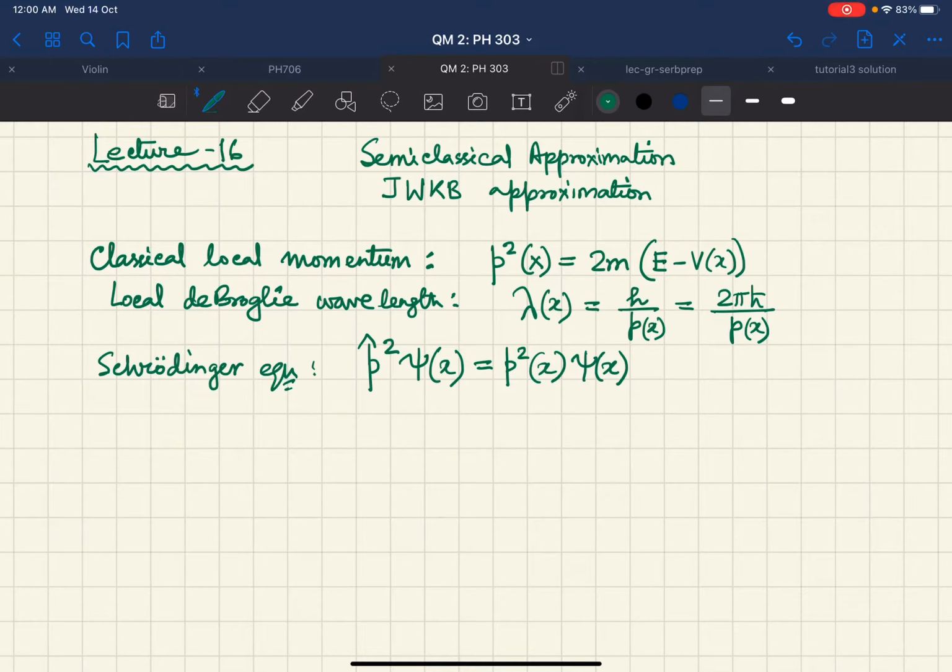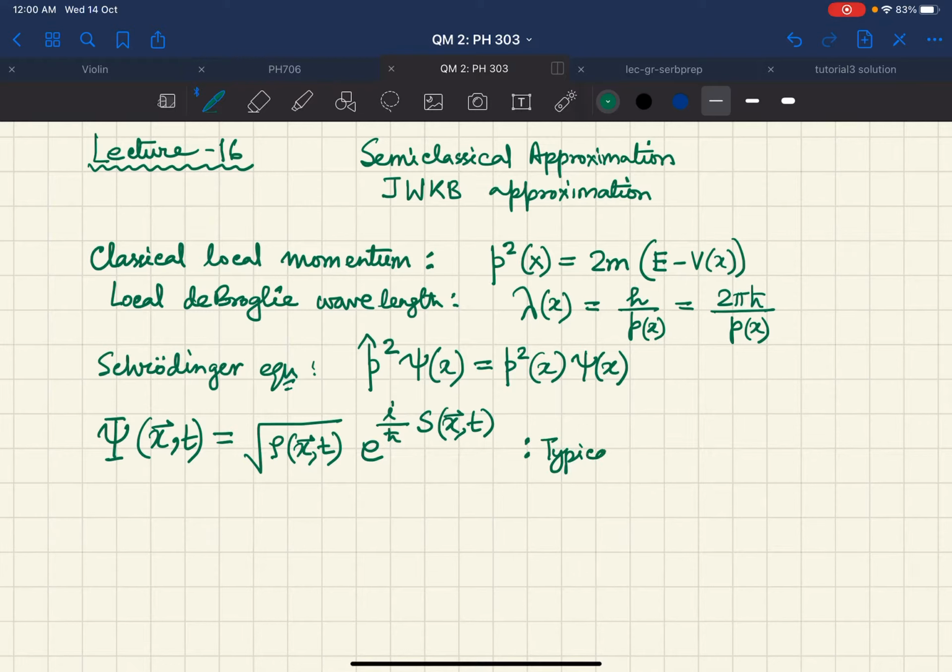And then what we did is that we spoke about the wave function in the WKB approximation, which will take the following form: capital psi of x, t, we wrote it as square root of rho as a function of x, t, times e to the power i by h bar S as a function of x, t. This is basically nothing but the typical form of a WKB wave function.